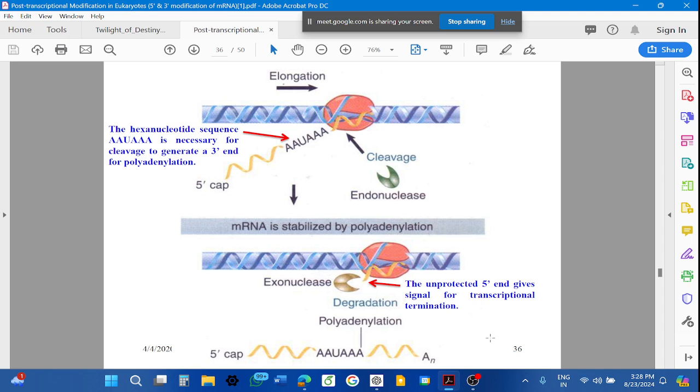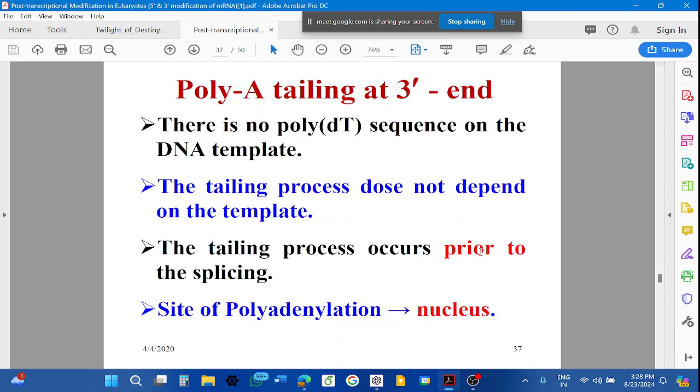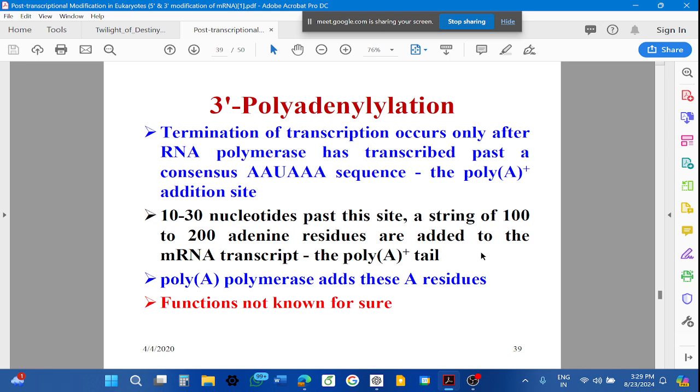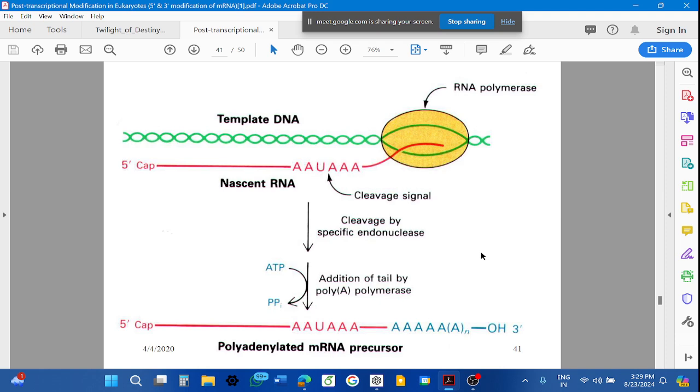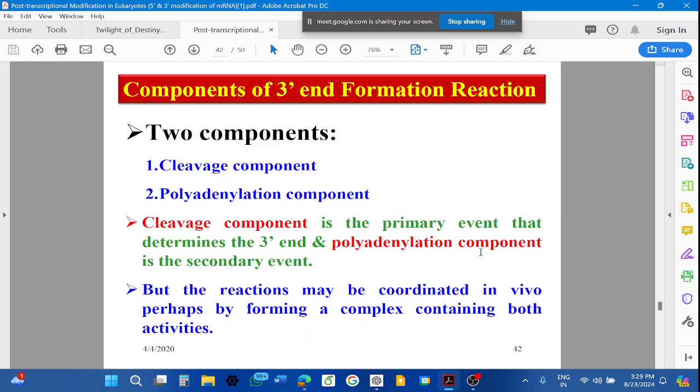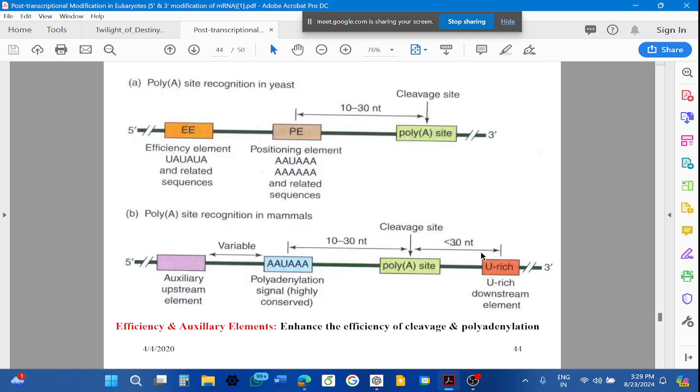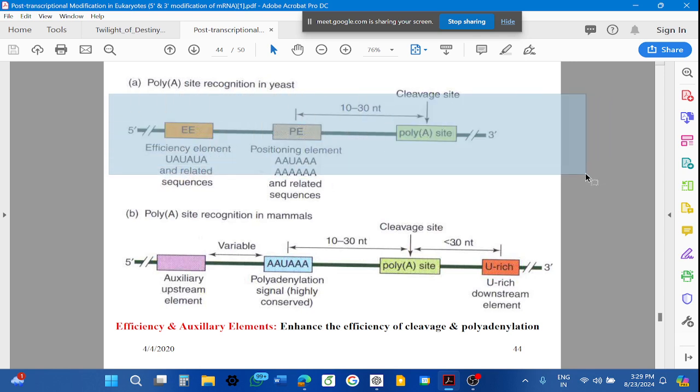The cap protects your head and the poly A tail protects your backside. These are all the same things which are happening. These are the poly A recognition sites in yeast. You can see in yeast RNA, you can find all these regions.